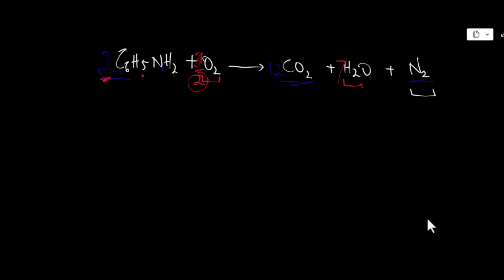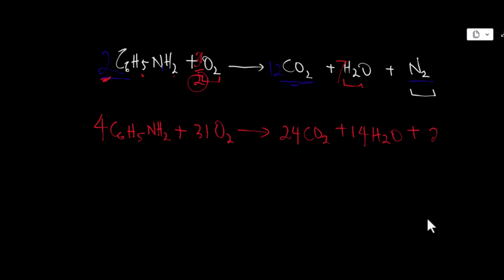So we are going to have 4 moles of aniline, 4C6H5NH2, reacting with 31 moles of oxygen gas to give us 24 moles of carbon dioxide plus 14 H2O plus 2N2. We use the 2 as a denominator to multiply throughout the entire equation.